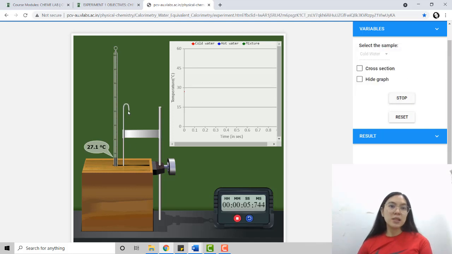As you can see here, the stirrer is doing its job. Of course, you have here the timer. Just so you know, class, the timer will run for 5 minutes, and only after that do you get to run another experiment.